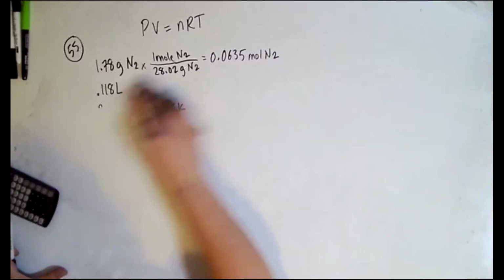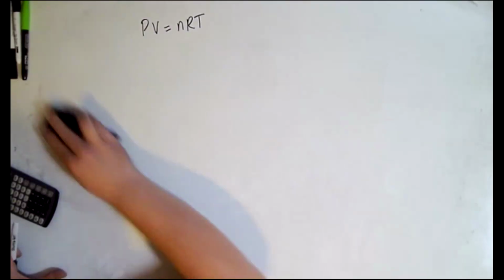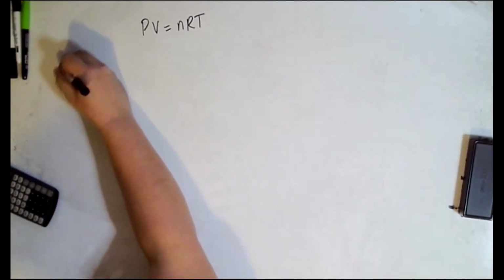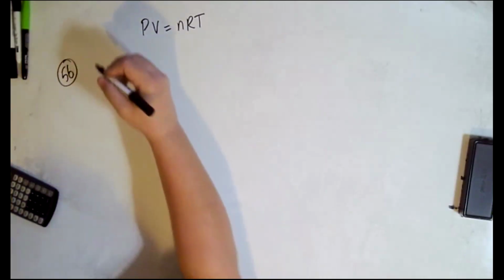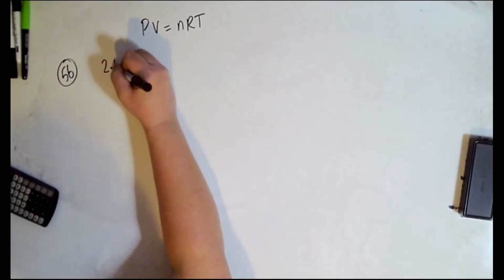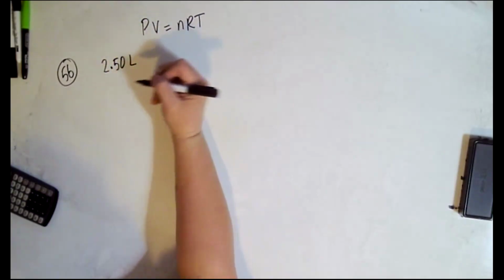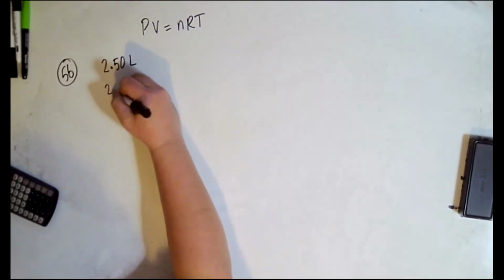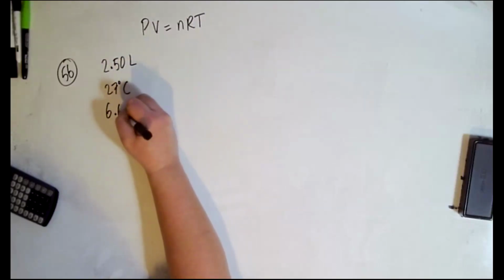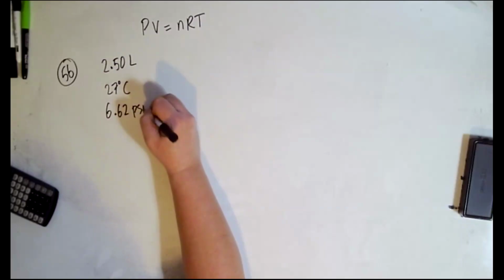Number 56 is another ideal gas law equation. This time they're asking us to find the moles. They're telling us that we have a 2.50 liter container. The temperature is 27 degrees Celsius and the pressure is 6.62 psi.